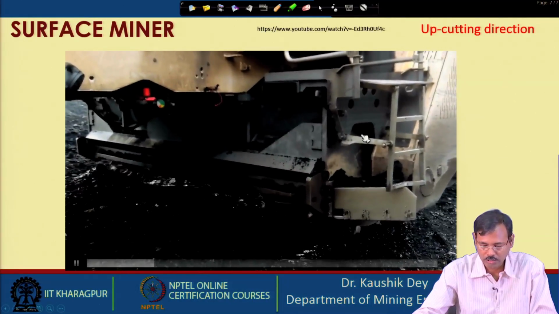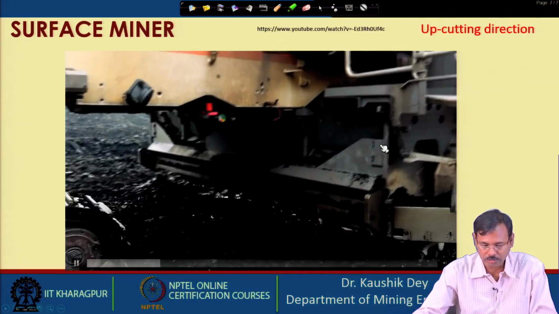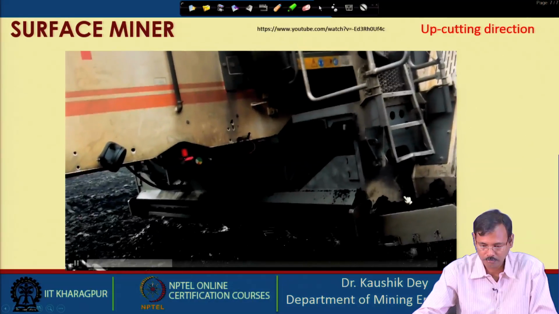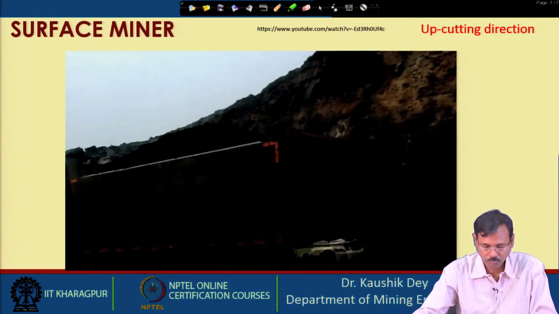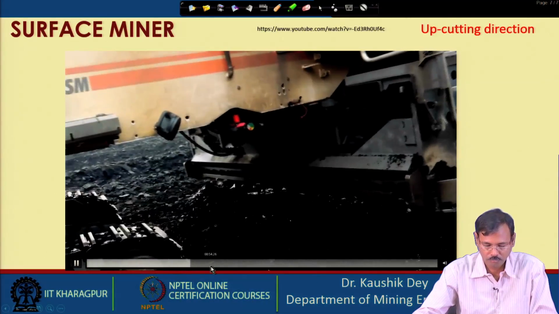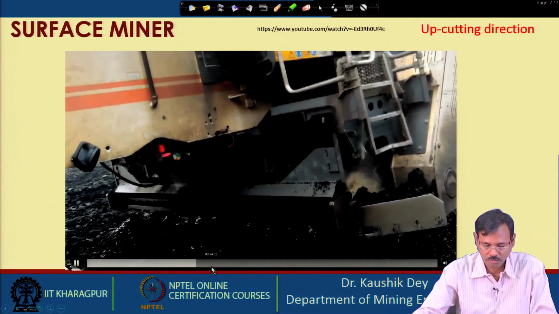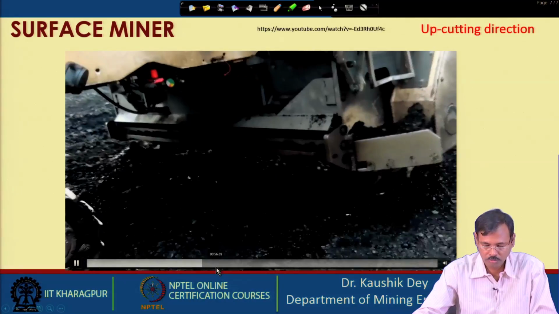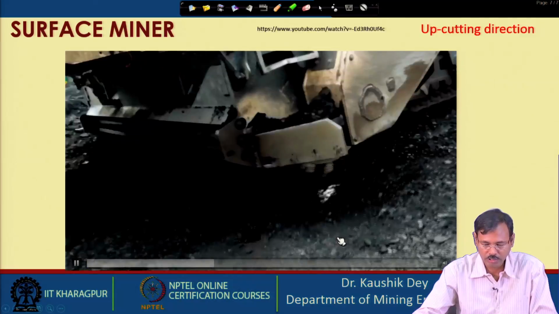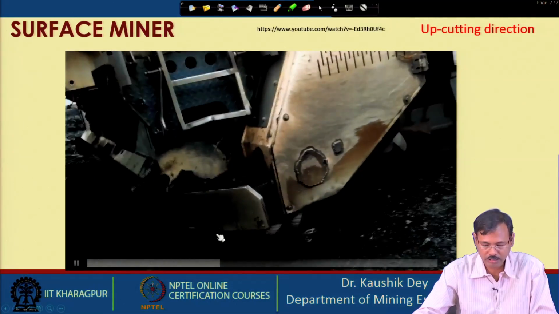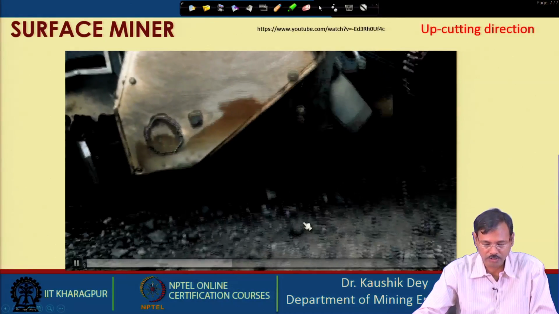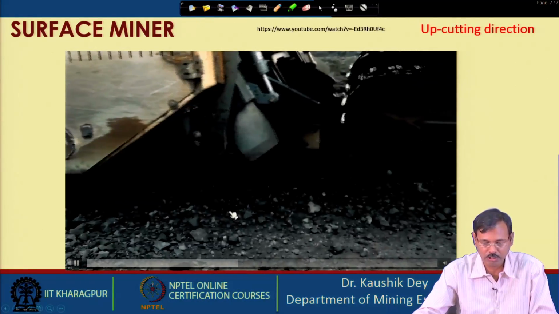After lowering this drum part, it will start cutting. So, now gradually the drum is being lowered and is allowed to cut the material. This is the rear crawler, this is the front crawler, and this is the cutting drum which is moving.